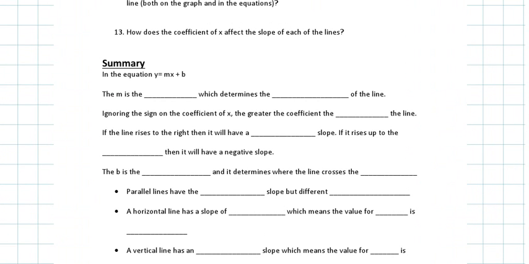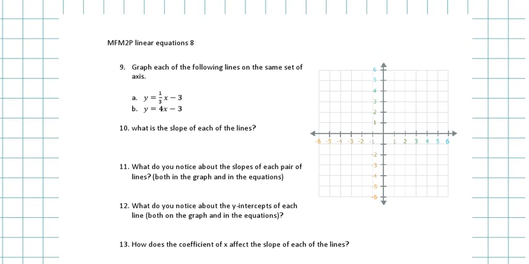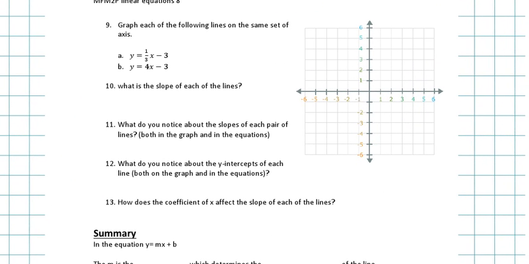So let's start with graphing these lines. What can you tell me about the first line? The y-intercept is -3. And how am I moving? Up by 1 over by 3.